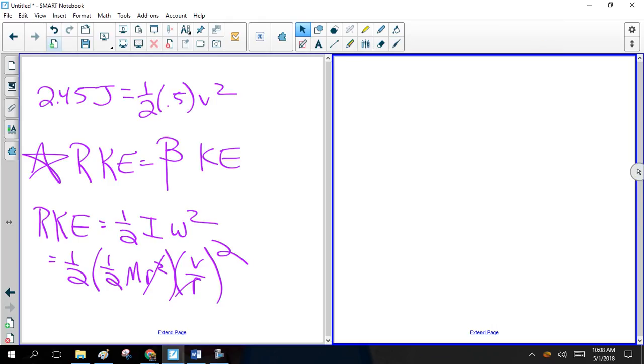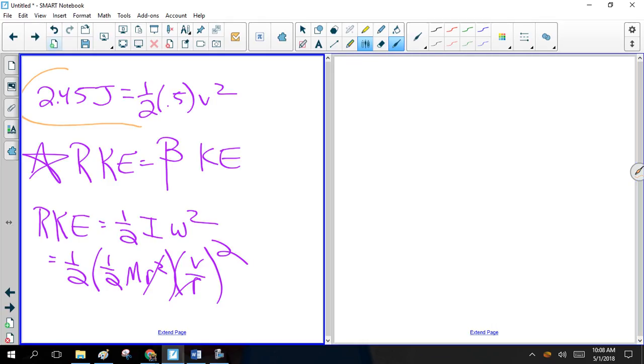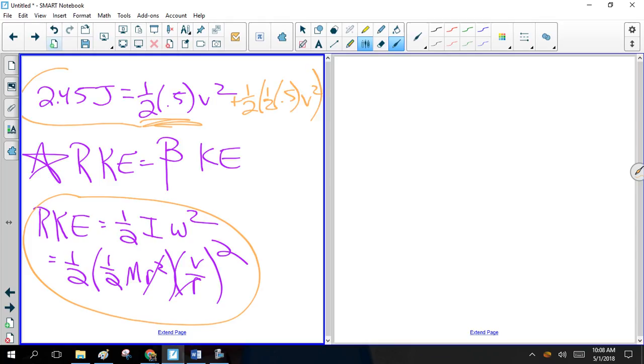Our calculation then becomes, so this is my kinetic energy. I got to add on my rotational kinetic energy, right? So this is 1/2 times 1/2 times 0.5 times v squared, right? Did I lose anybody there?